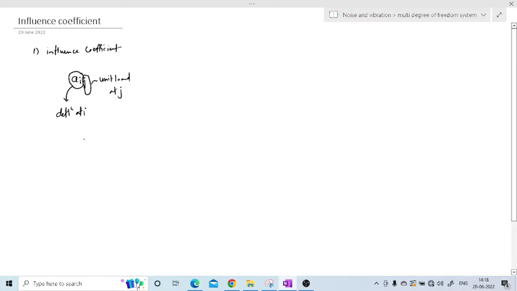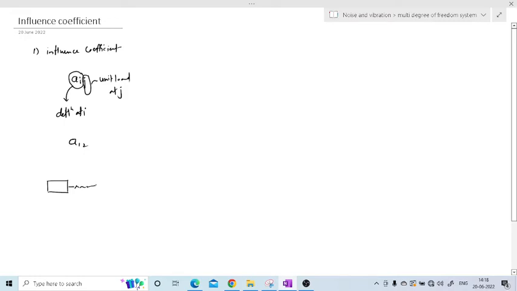Suppose I write A12, this means deflection at 1 due to unit load at 2. I'll explain this with the spring mass system.